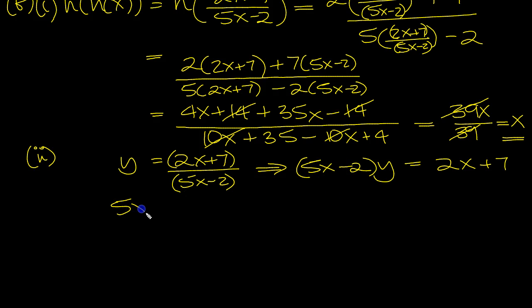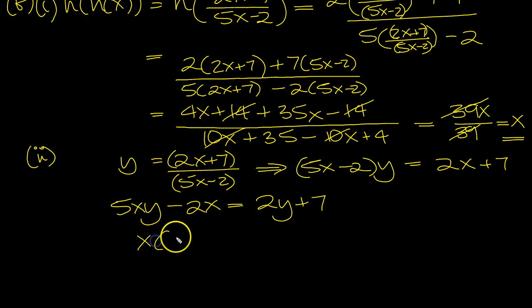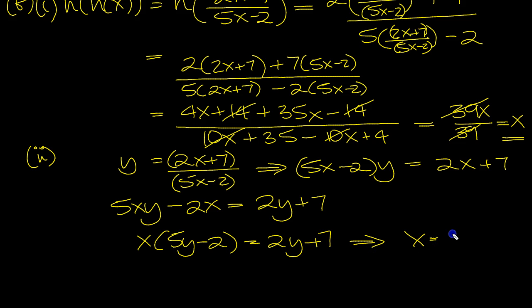We've got 5xy minus 2x, and then move the 2y over to be plus 2y from minus 2y, plus the 7 that's already there. So we can take an x outside now. We've got 5y minus 2 is equal to 2y plus 7. And that tells us that x is equal to 2y plus 7 over 5y minus 2.